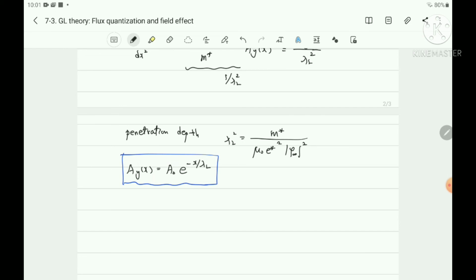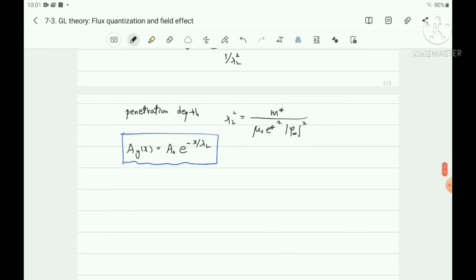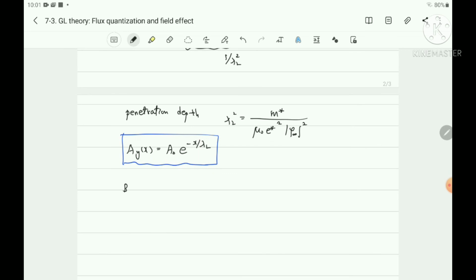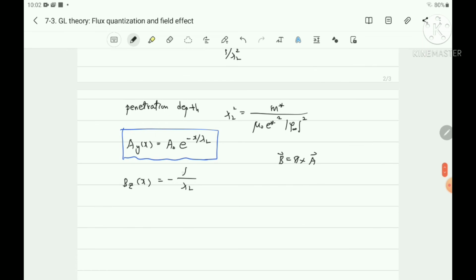Because the magnetic vector potential decreases exponentially, the magnetic field also decreases, and because we know that the magnetic field is the curl A, and curl A has the y component, the derivative here is minus lambda L over A0 exponential minus x over lambda L. Therefore, the magnetic field also has B0 exponential minus x over lambda L.